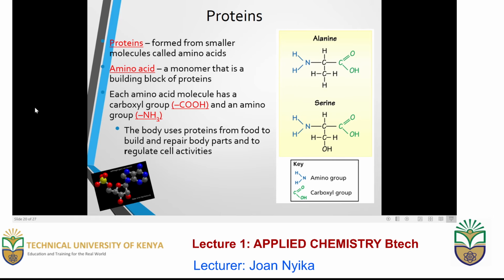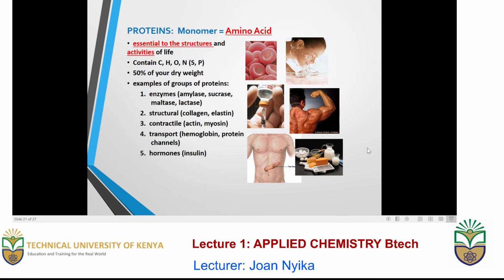Examples of amino acids are alanine and serine. And you see, when you look at these, they have an amino group, which is nitrogen combined with hydrogen atoms, and a carboxyl group, which is carbon with a double bond of oxygen and a hydroxyl group.